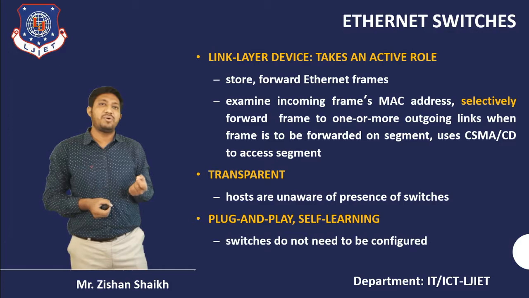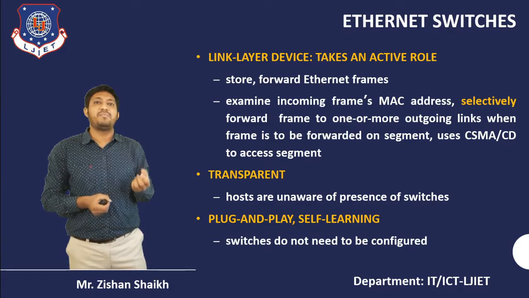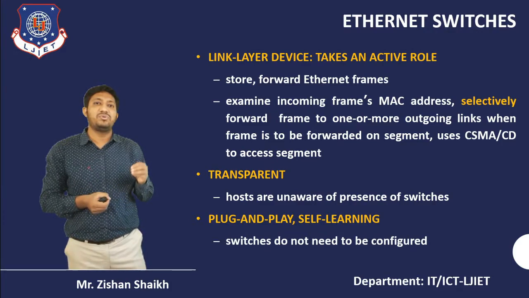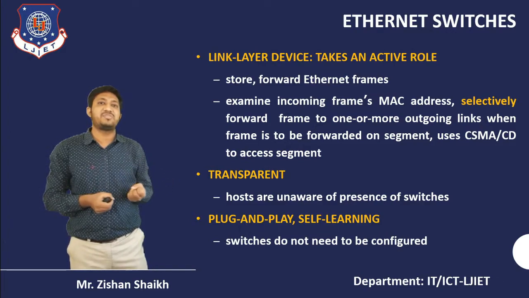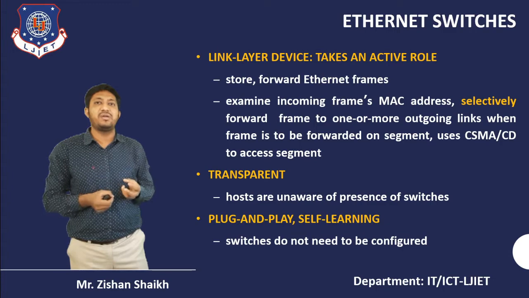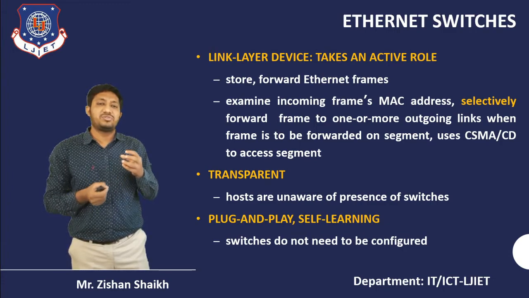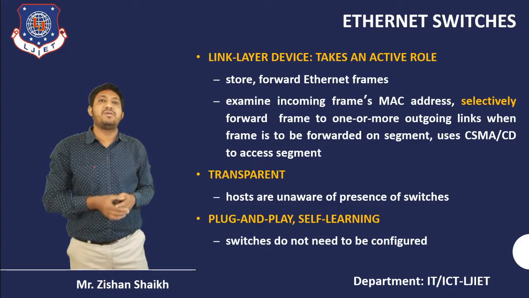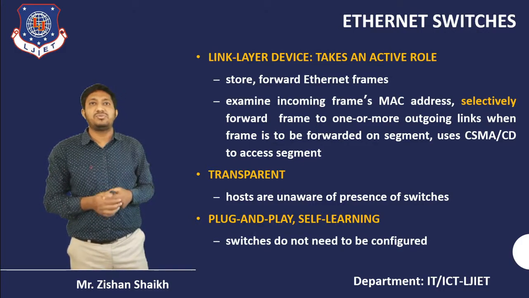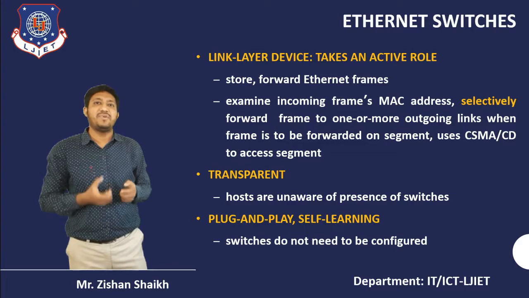An Ethernet switch is pluggable. When we want to transfer data, the Ethernet switch is self-learning and self-configuring, and our packet is transferred to the next destination using a store and forward mechanism. So this is a data link layer device.